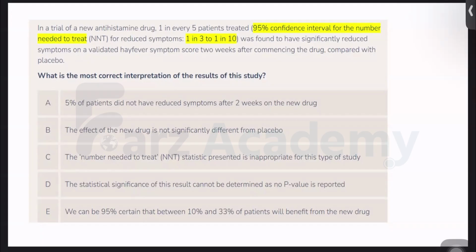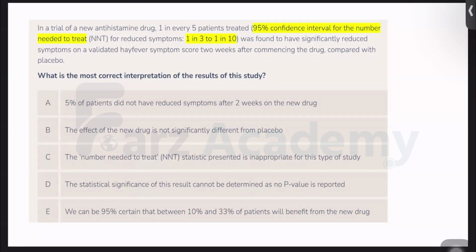1 in 10 is 10%. So 95% will lie between 10 to 33%. So the rest 5% will lie outside of 10 and 33. So 2.5% will be less than 10, 2.5% will be more than 33. Ninety-five percent will come between 10 to 33%.